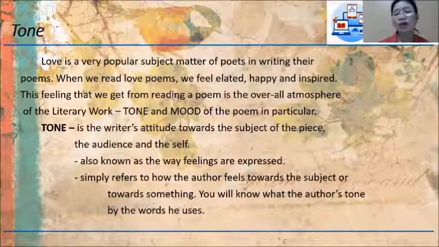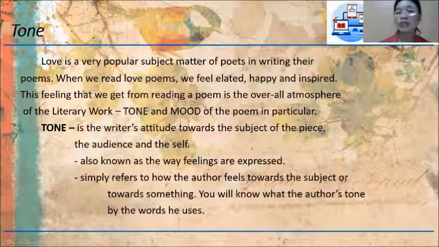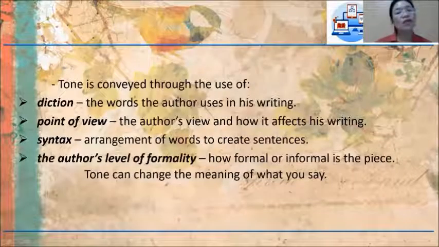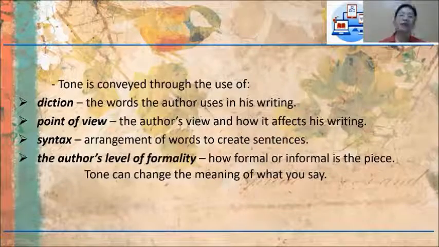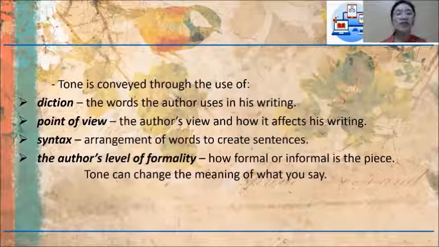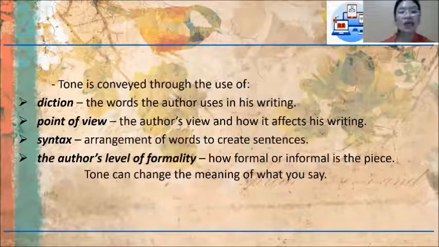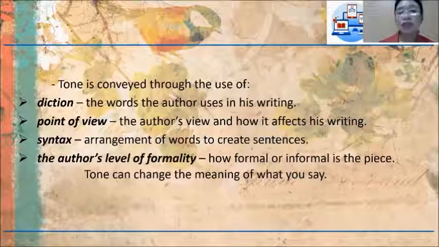Now, you will know the author's tone by the words he uses. Okay? Now, tone is conveyed through the use of the following. So we have here diction. Okay, diction are words that the author uses in his writing.